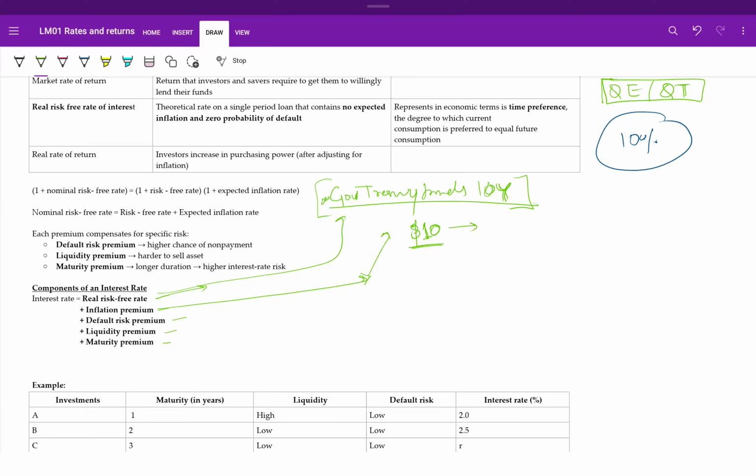Because of inflation, it's going to be $12. That's inflation, because the cost of raw material for the producer is going to increase.